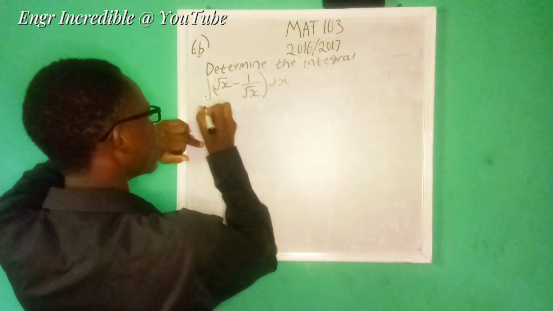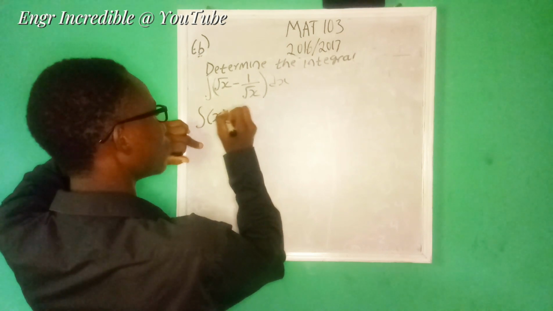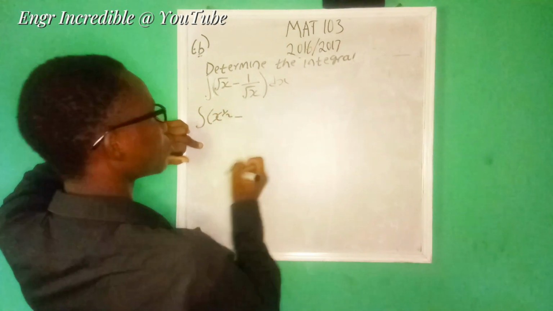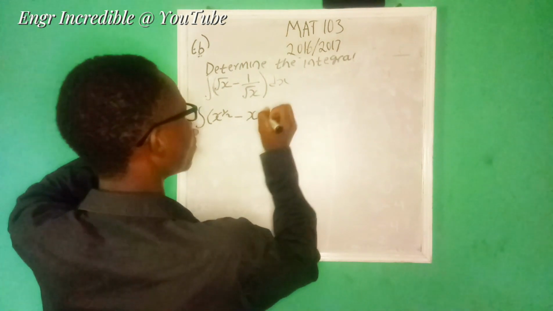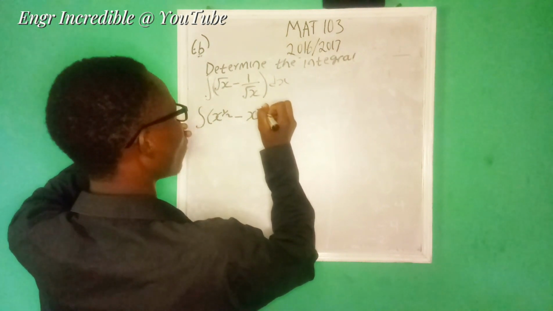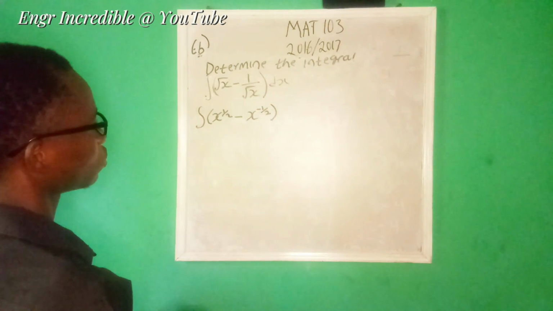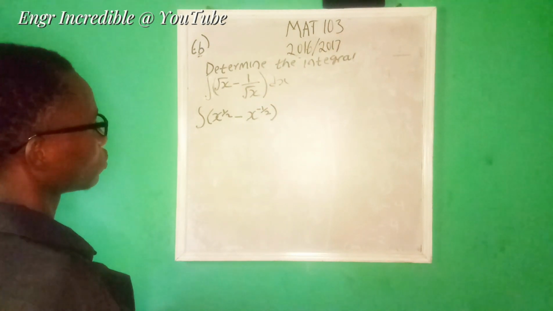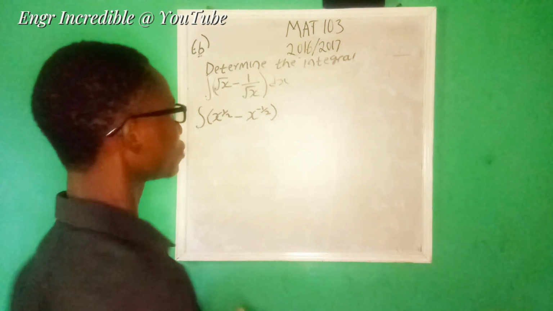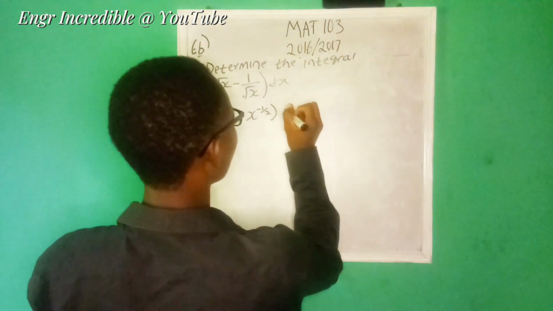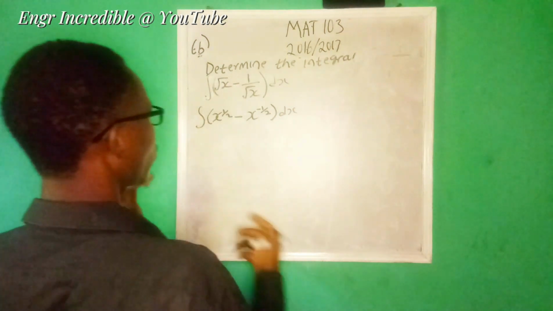So we find the integral of x raised to power 1 over 2 minus, now 1 over square root of x is the same thing as x raised to power minus 1 over 2, dx. So from here we can easily solve our question.